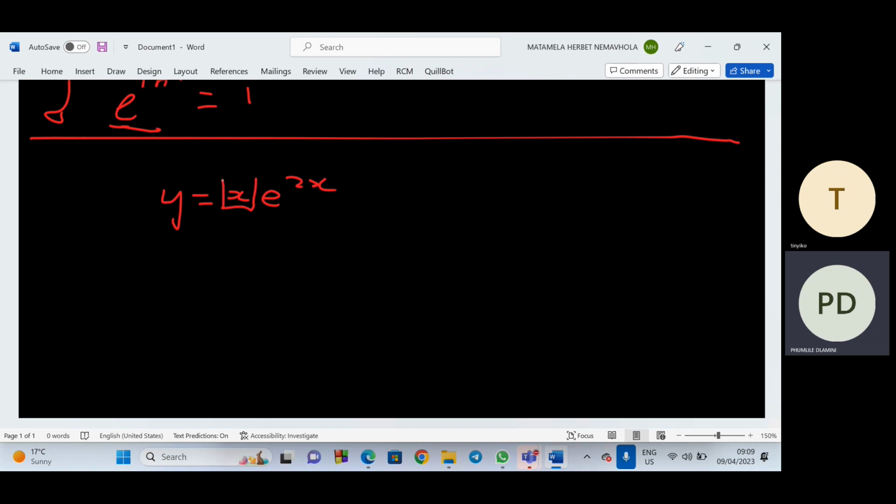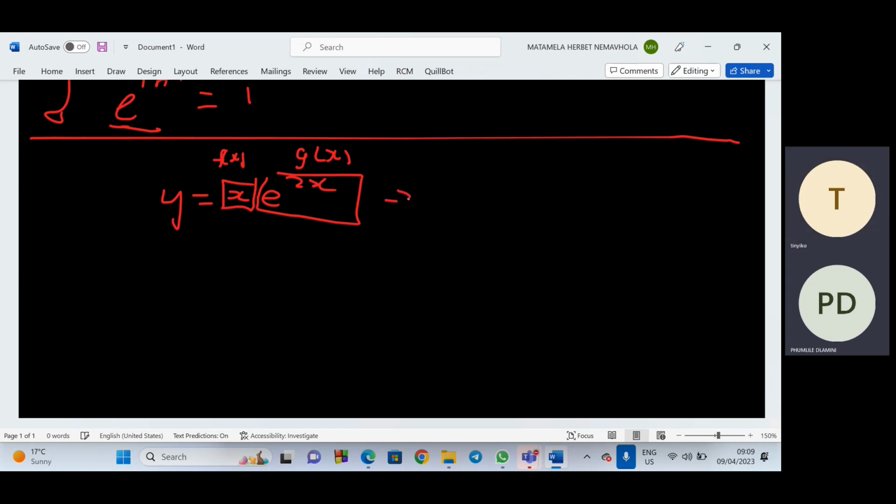We have the function of x, which we can name f of x, and the function e to the power 2x, which we can name g of x. So y is the same as f of x multiplied by g of x. So we can use a product rule to differentiate it.